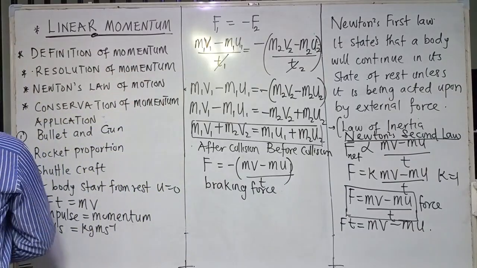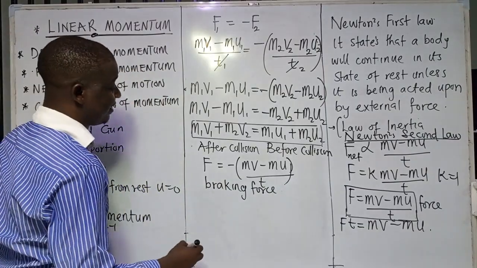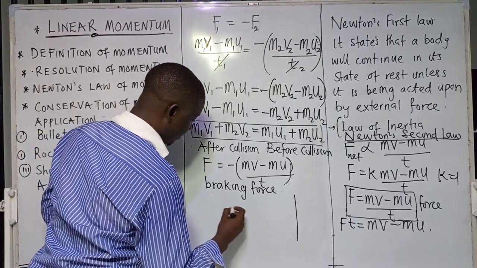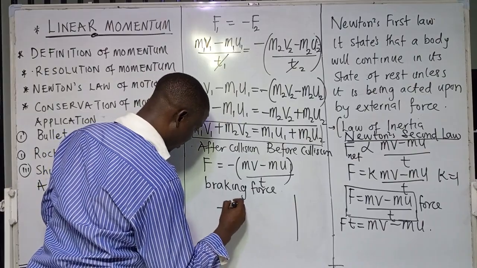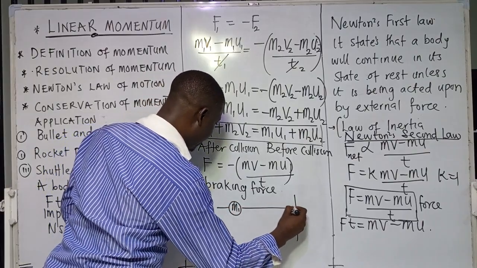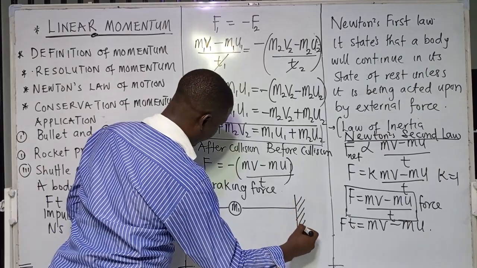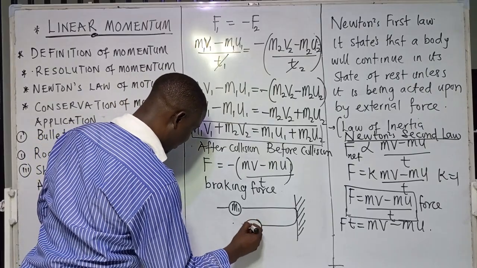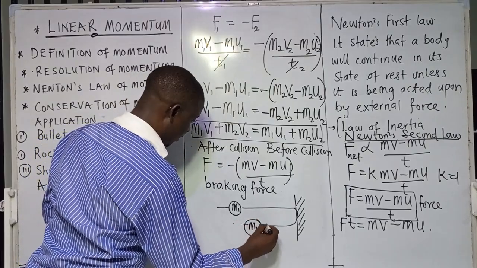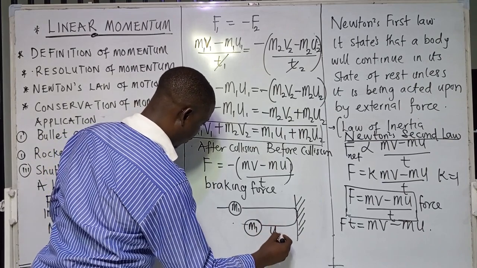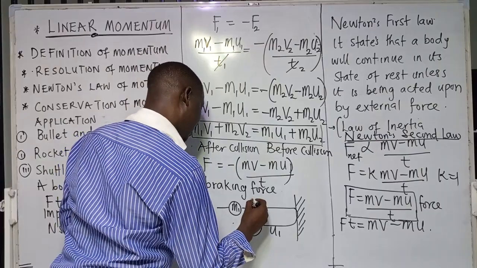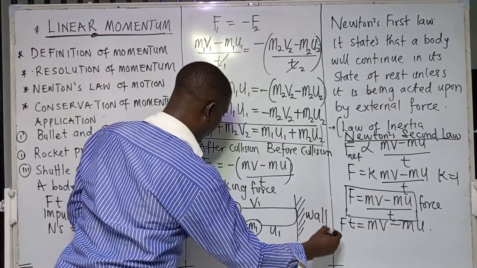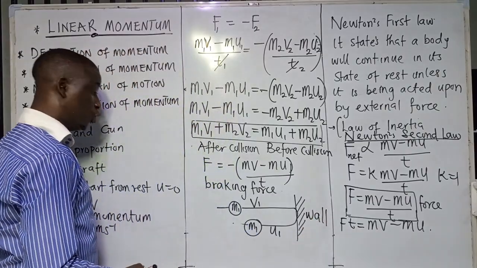Now let us see a case where a body rebounds. That is rebouncing. Let's say a ball of mass m is coming, hits this particular wall, and it rebounds with U1. It hits the wall with V1 and rebounds with U1.